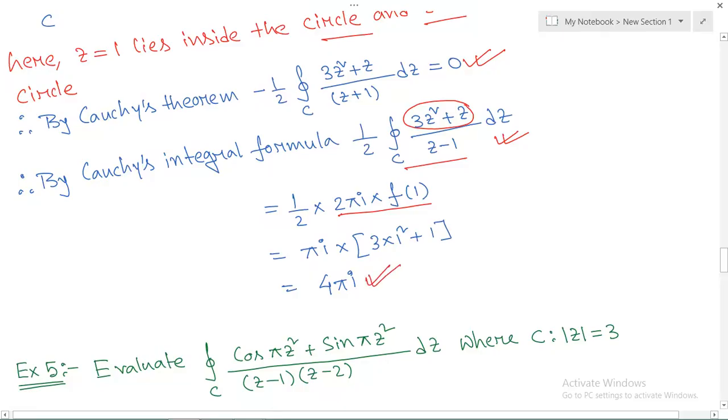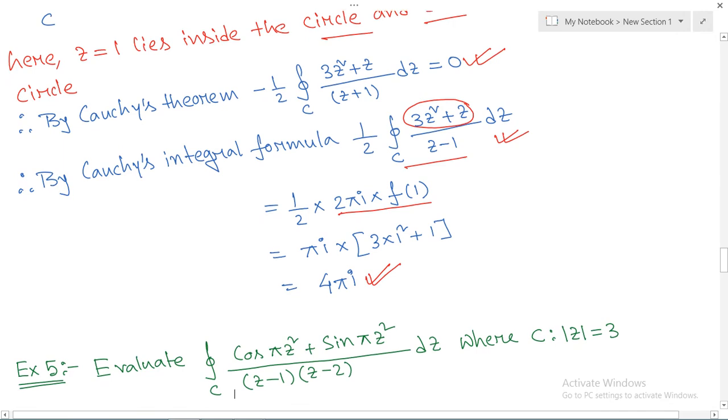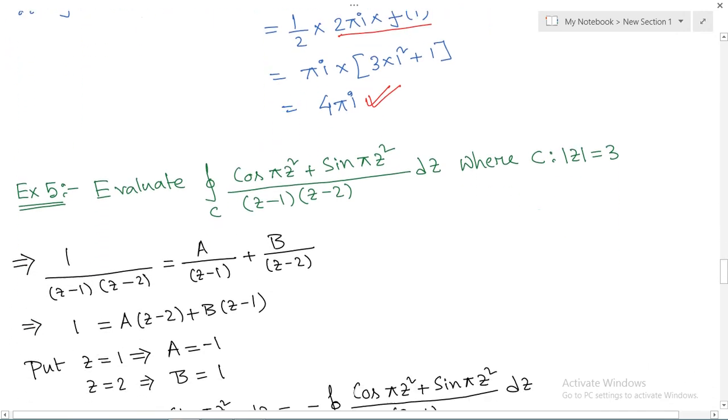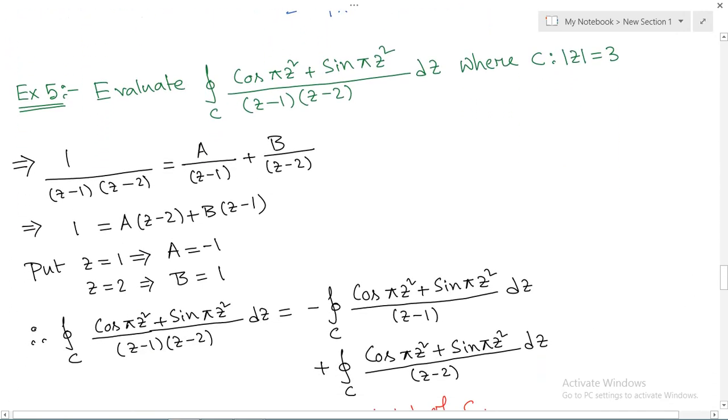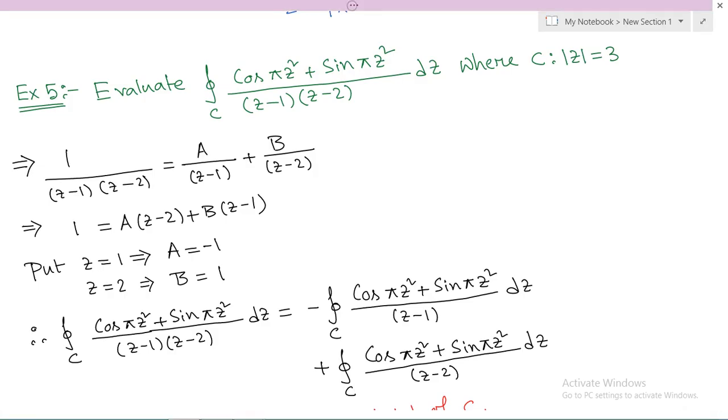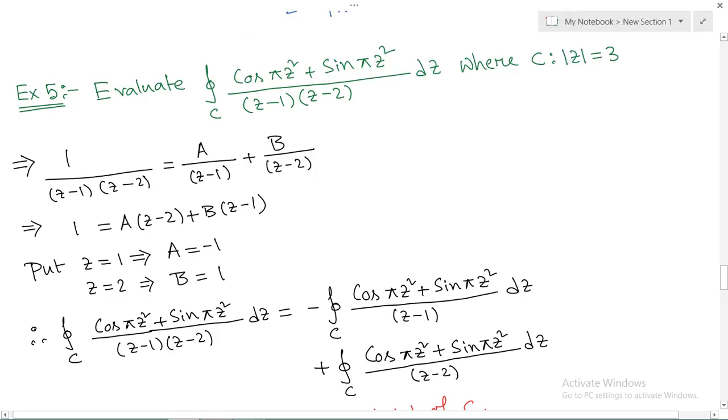Now let us come to the next question. That is very, very important for the exam. Evaluate the integration over C of cos pi z square plus sin pi z square divided by z minus 1 times z minus 2, where we have the circle mod z equal to 3. So let us try to draw the diagram first.